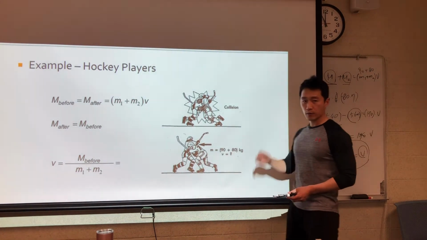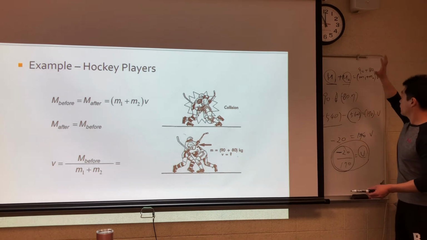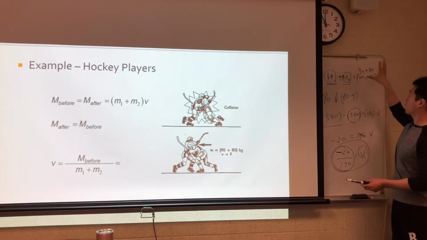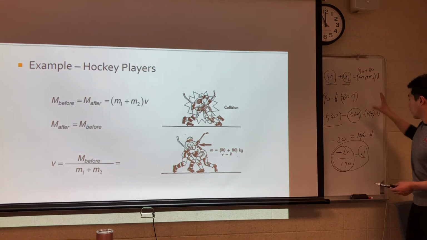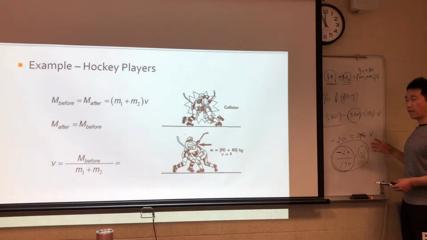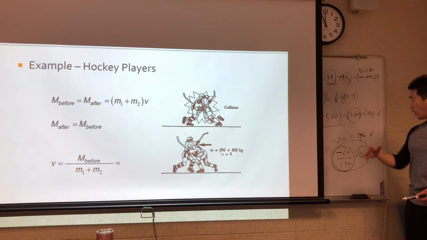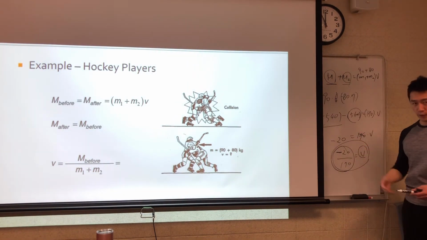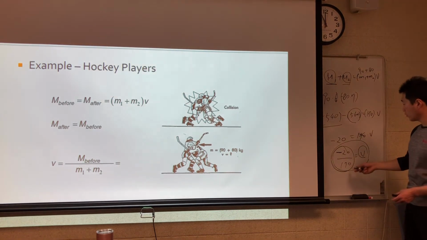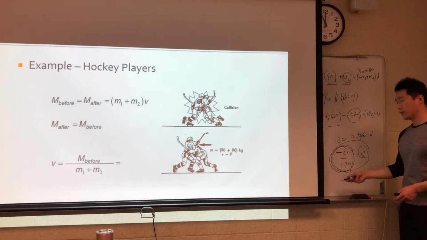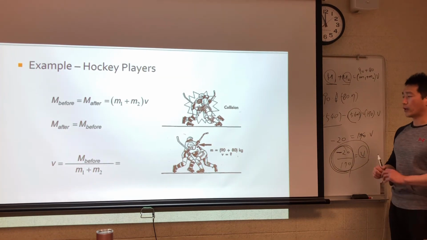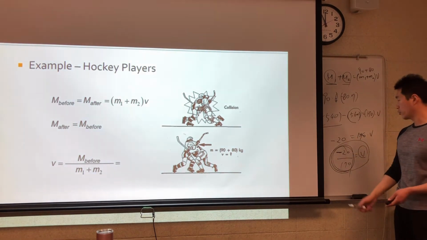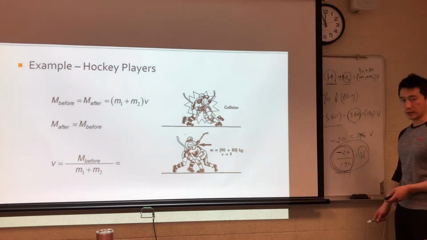So again, momentum before collision and momentum after collision, and then we'll be able to identify their final velocity. By looking at this velocity, we'll be able to identify which direction they are moving together. So we have to quantify this velocity, and then explain what will happen to them by using this calculated velocity information.